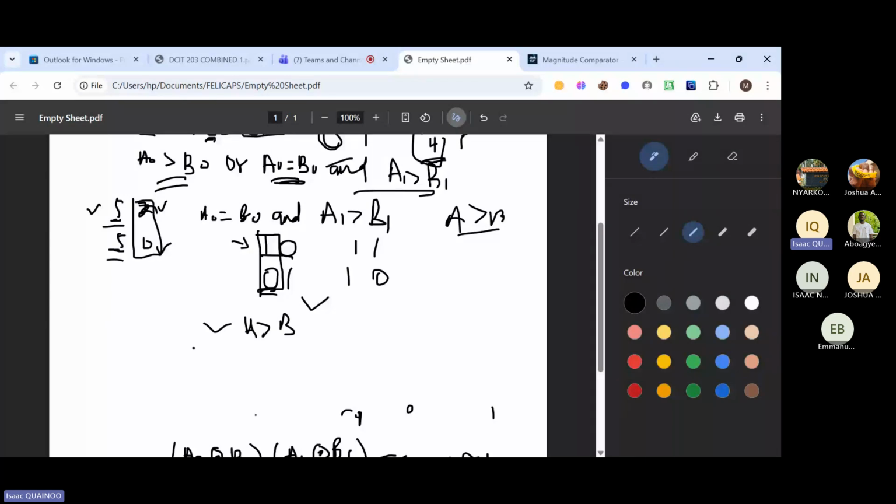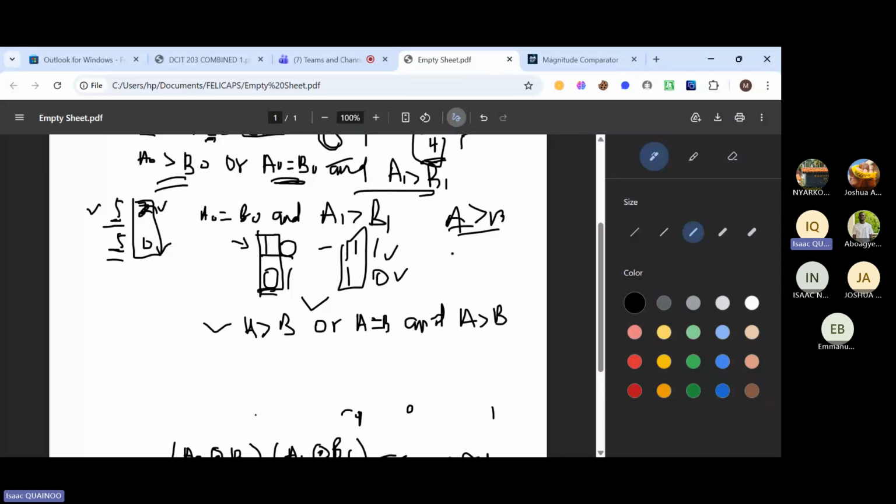Then we can say that apart from this, we can also have another combination. So we say when A is greater than B, or the first bits are equal. If the first bits are equal, we cannot draw a conclusion. So the first bits are equal, and then your second bit, 1 is greater than 0, which means that A is greater than B. Then we can also conclude that your first number is greater than your second number.